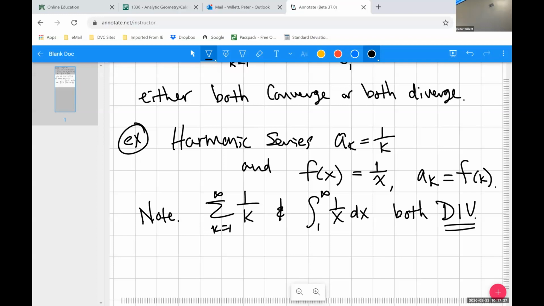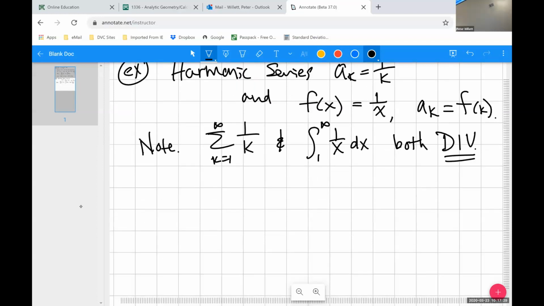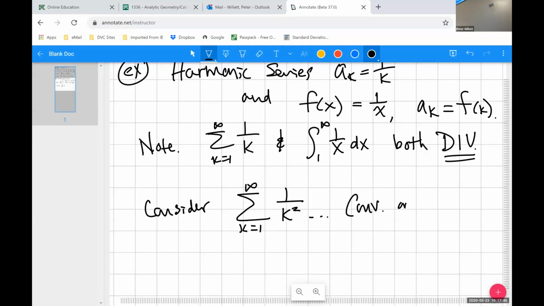We did this integral back in chapter 8, this improper integral, and we found that this was this special function which is divergent when you take the area under the tail off to infinity. So then consider the series k equals 1 to infinity of 1 over k squared. We could be saying, does this converge or diverge? This will be the question that we're typically asking ourselves for a series.